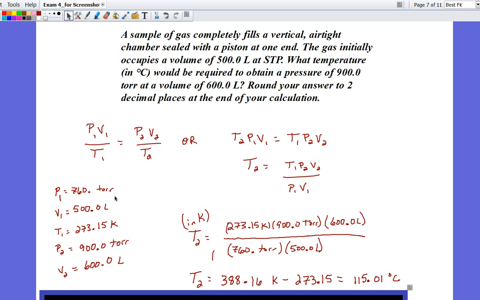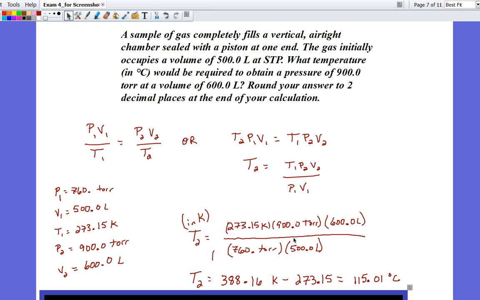So the tricky part, I guess, is making sure you substitute in the correct place, and I believe that I did so on that one, for P1 and T1 or P2, T2, and V2. So I use my standard temperature, my second pressure, right here, and 600 liters was my second volume.